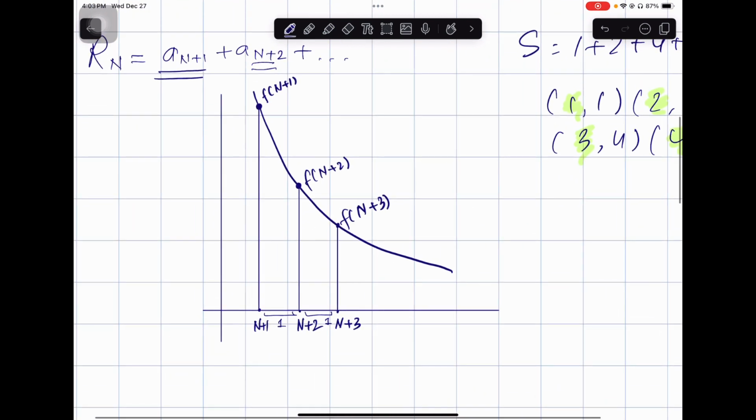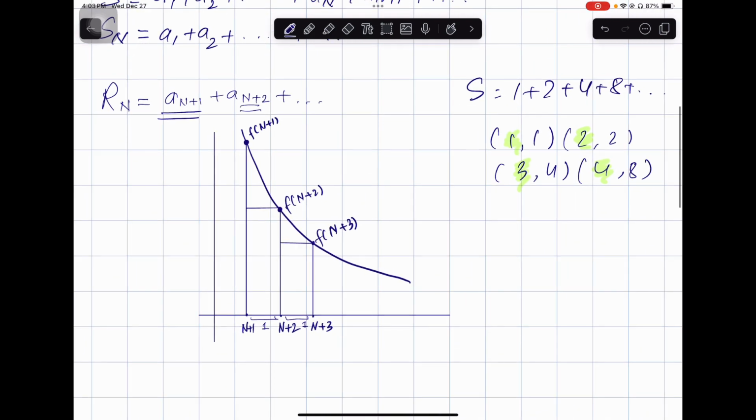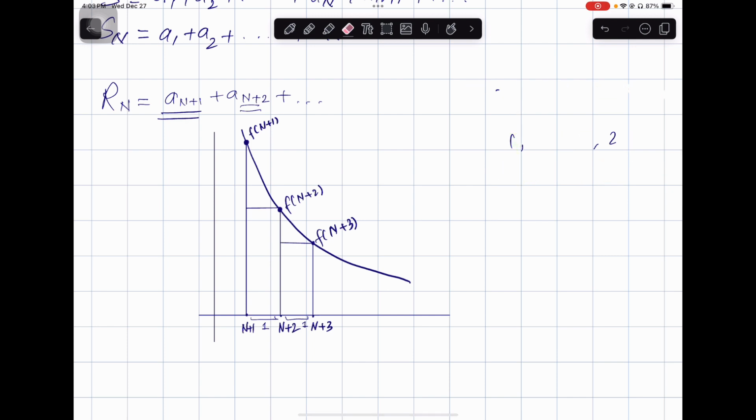So yeah, and let me connect this to here and this to here. You'll see in just a minute why I did so. Okay, so let's erase this as we don't need it anymore.